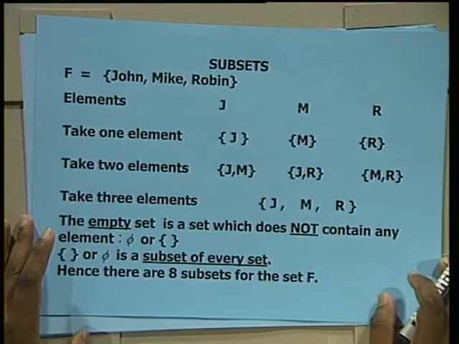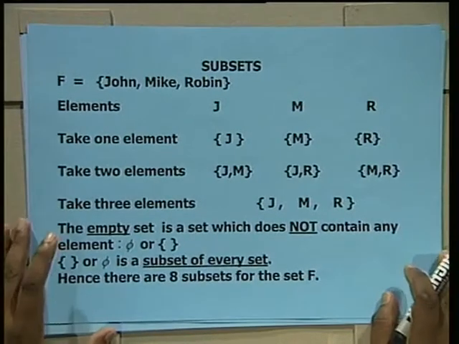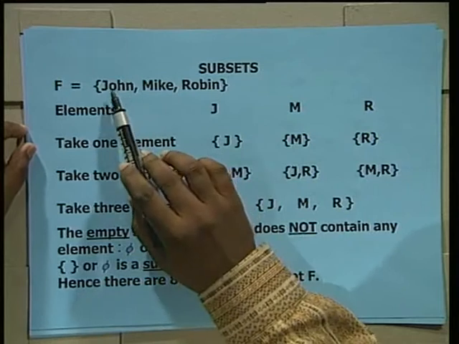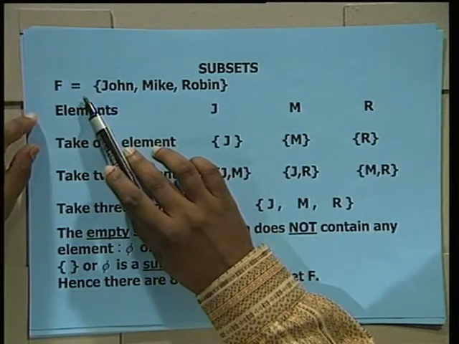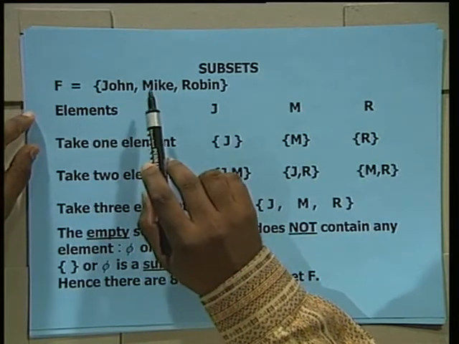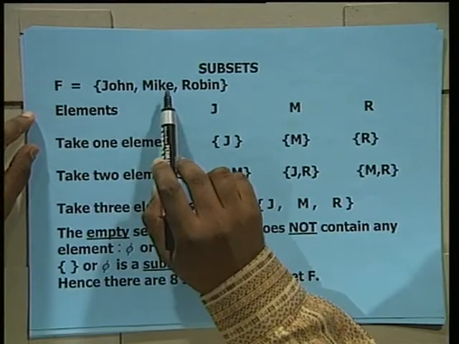Now we are going to look at subsets. Do you know that you can make many sets from one set? If not, let's see how to do it. So, to illustrate subsets, we'll consider set F, which consists of 3 elements, John, Mike, and Robin.